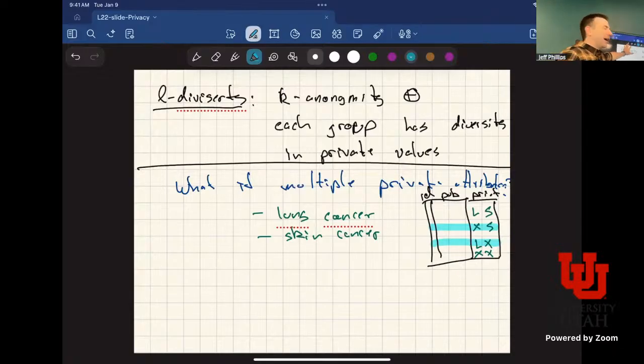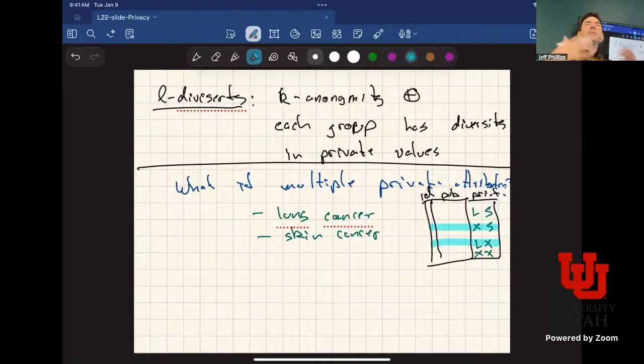The notion of L-diversity does not protect against this information. I could still identify the governor as being in a group, and I don't know whether they have lung cancer or skin cancer, but I can say you definitely have one of those two types of cancer. Or there could be other cases where the distribution is generally unhealthy. There are different sorts of unhealthy in the private characteristics, but they're all different sorts of unhealthy.